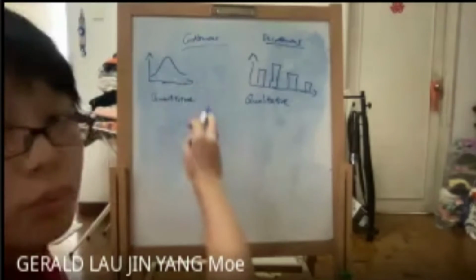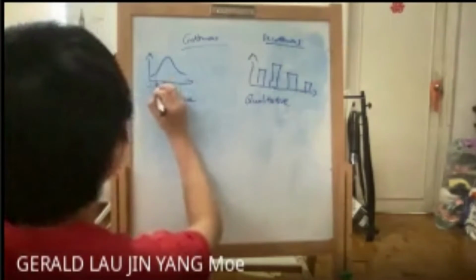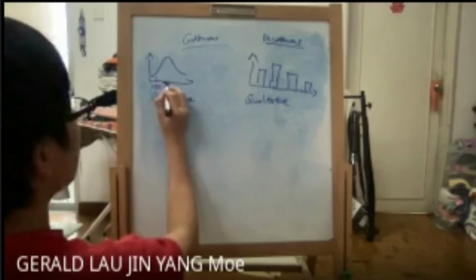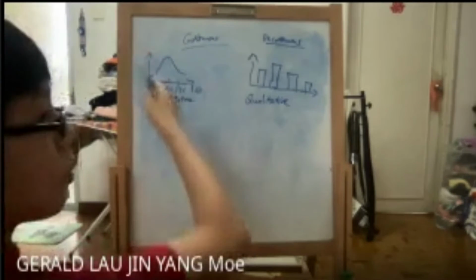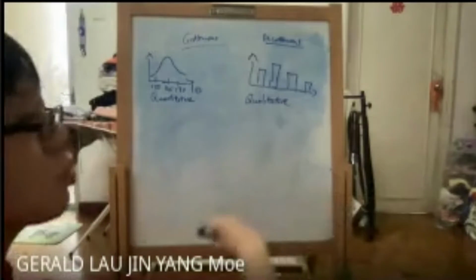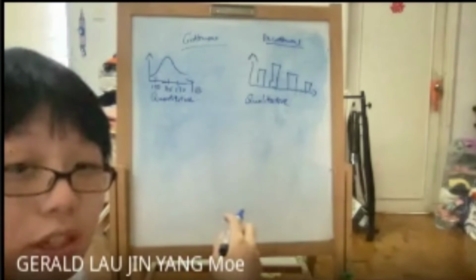Quantitative means you can measure. For example, you pick the wrong graph. For example here you see, 150 cm is my height. Here maybe 160, 170, 180. You can continue on 151, 152, 153, 154. So it is all continuous like that. That is for height, which is an example of continuous variation.